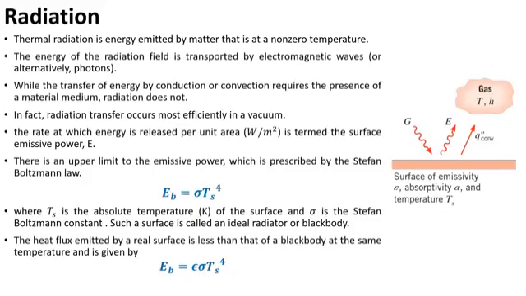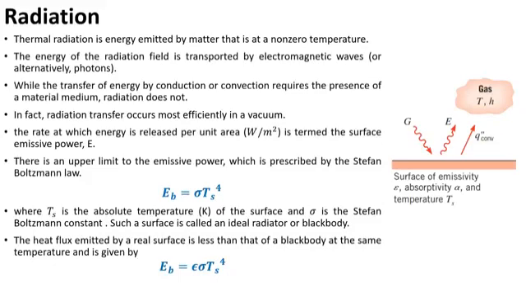Every real body emits some thermal radiation, which is energy, and that energy is transported by electromagnetic waves or photons. In short, every real body emits electromagnetic waves, and those electromagnetic waves are responsible for the heat transfer known as radiation. I am saying every real body which is at non-zero temperature.